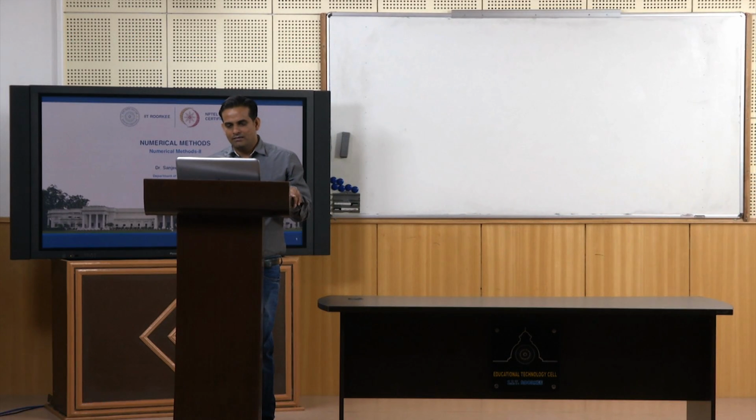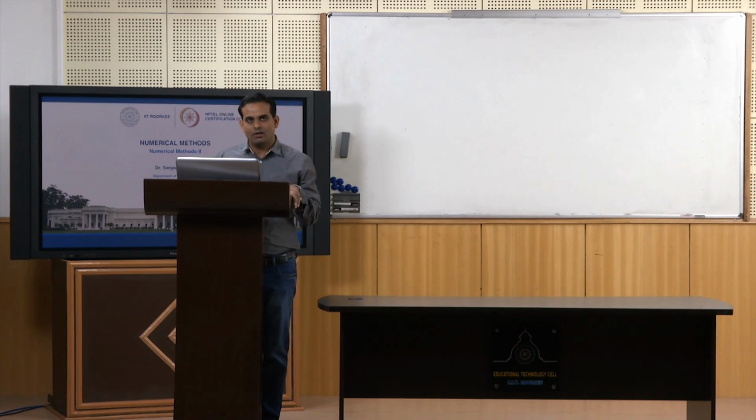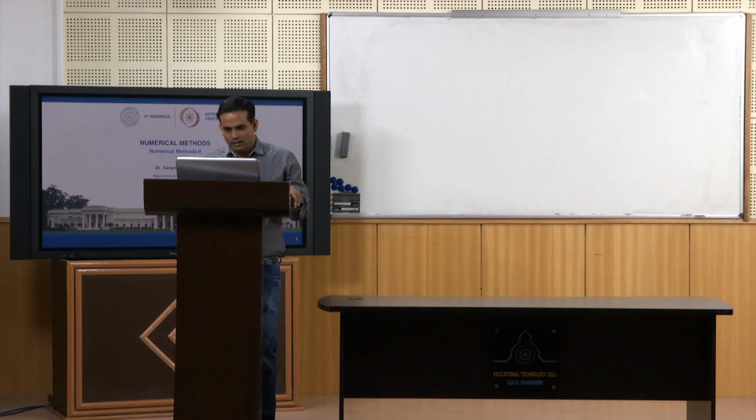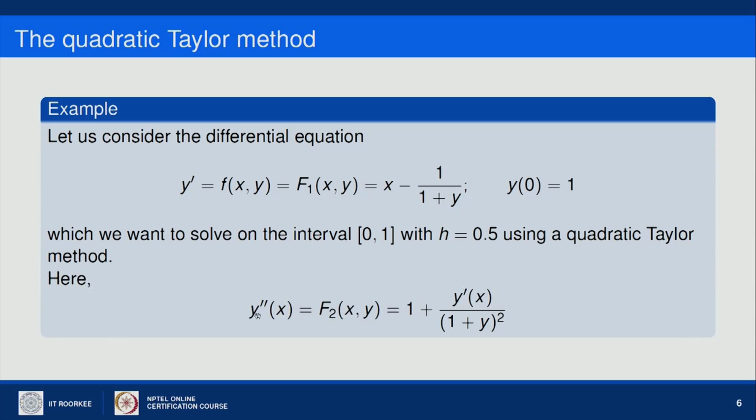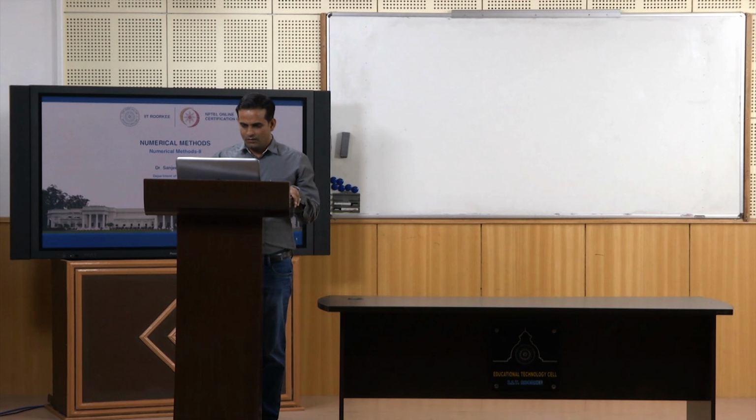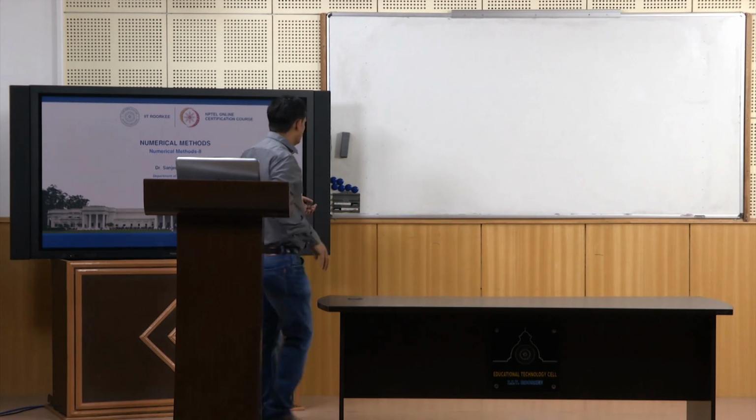So, first of all we need to calculate the second order derivative of y for applying the quadratic Taylor method, and for doing that y double prime x can be given as F2 of xy, that is basically 1 plus y prime x upon 1 plus y whole square. So, now after that what will I do?